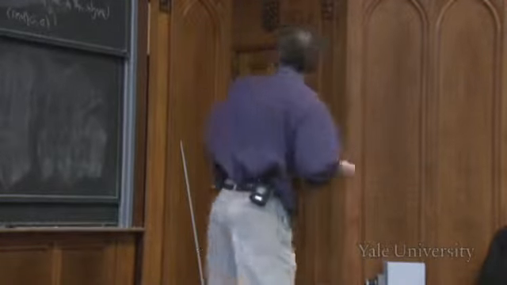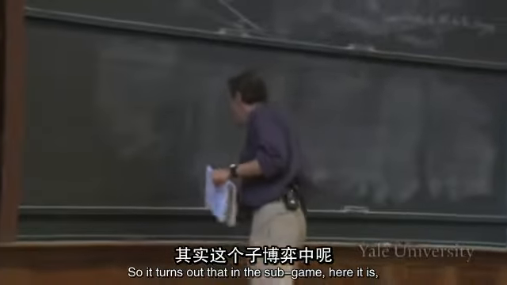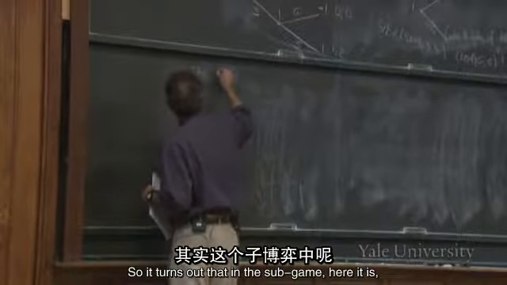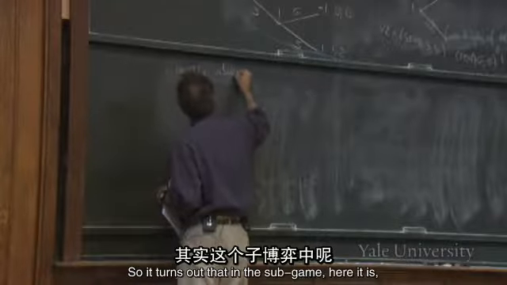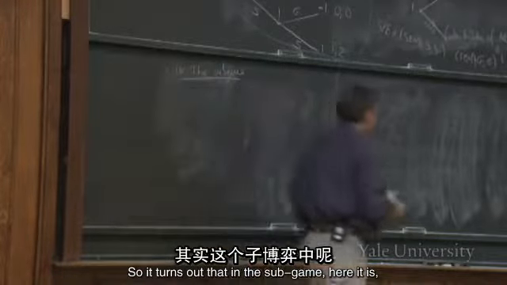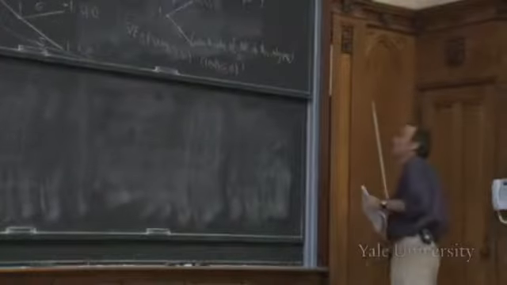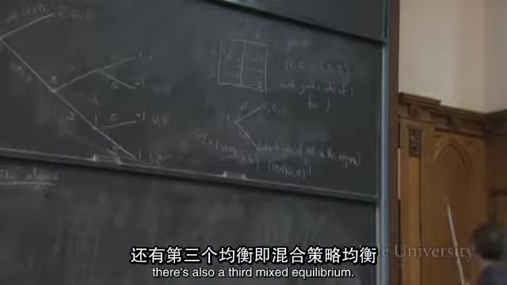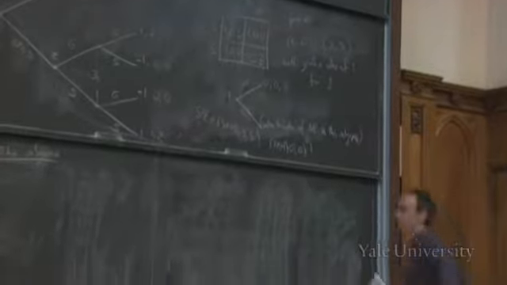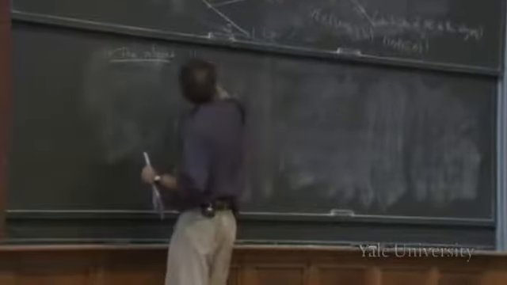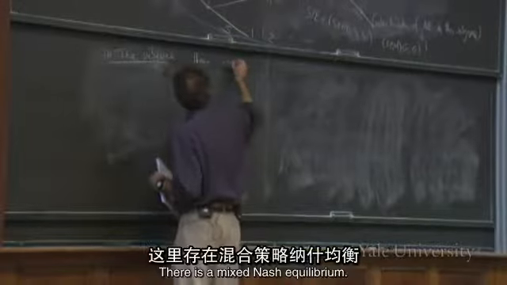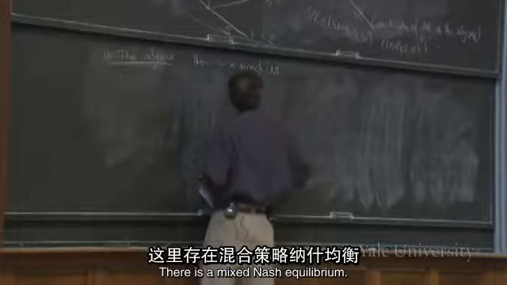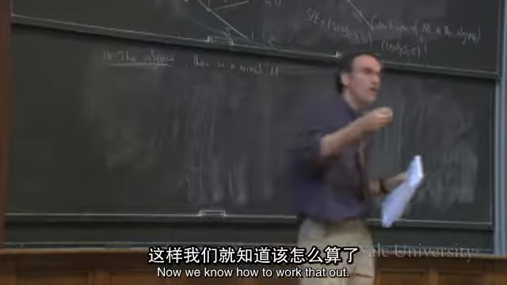So it turns out that in the subgame, there's also a third mixed equilibrium. There is a mixed Nash equilibrium. Now we know how to work that out.